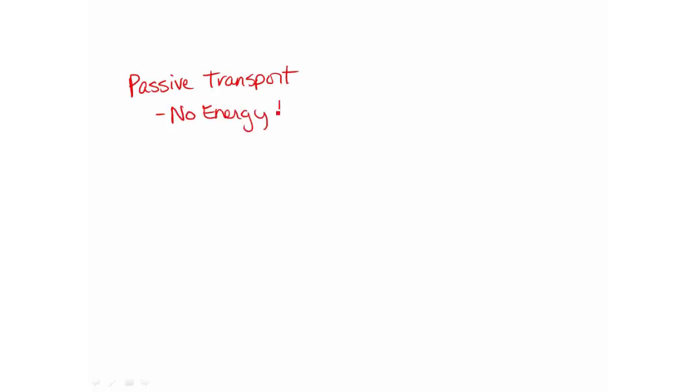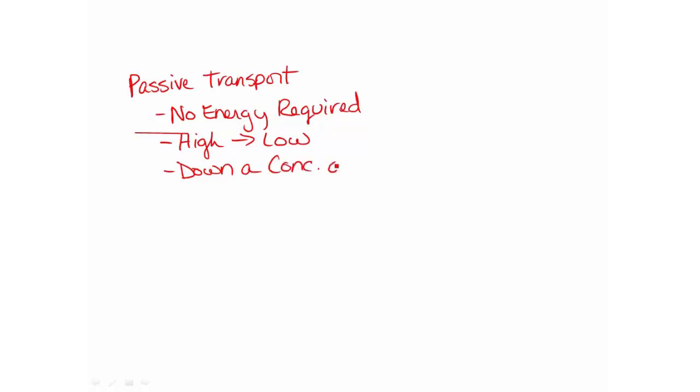Notice that in all cases of passive transport, we move from high to low. In other words, we're moving down a concentration gradient. When this happens, we may or may not use a transport protein.